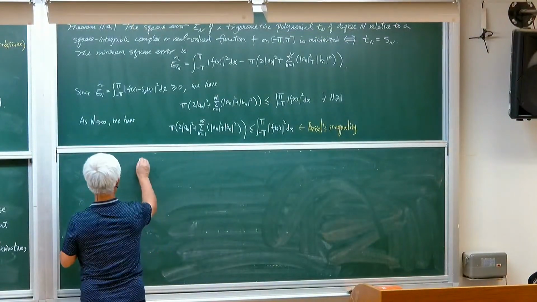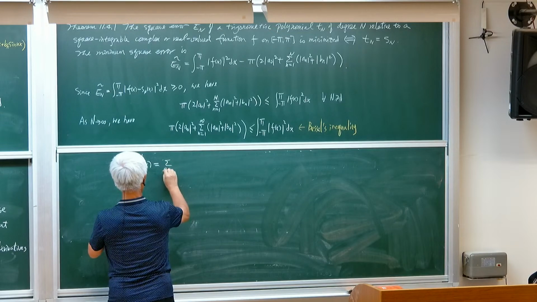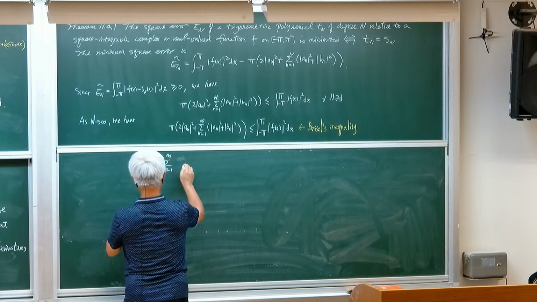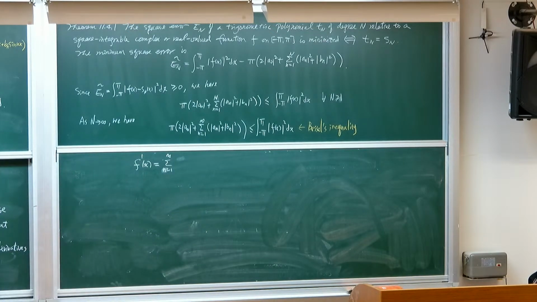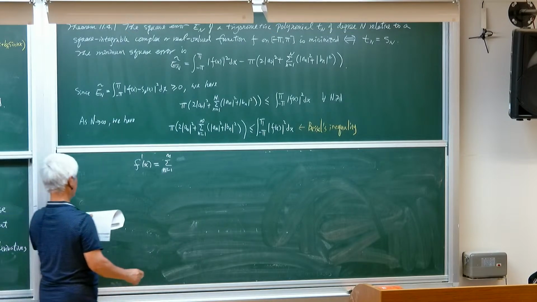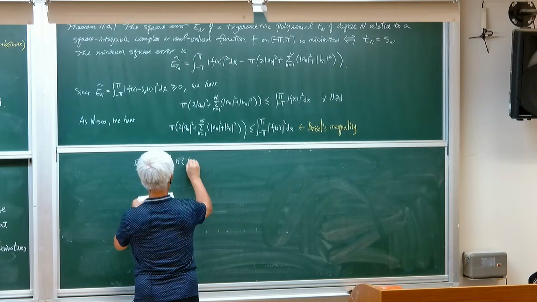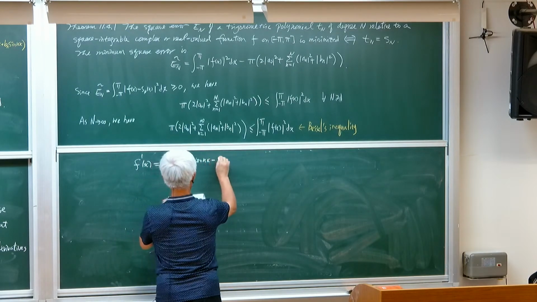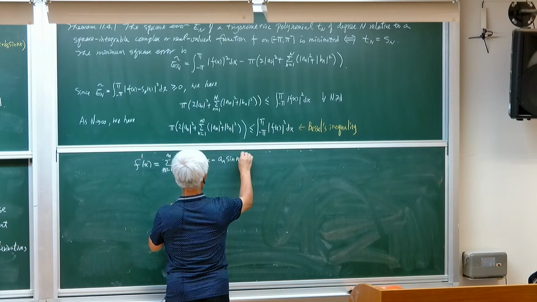f prime of x equal to summation n from 1 to infinity of n bn cosine nx minus n an sine nx.